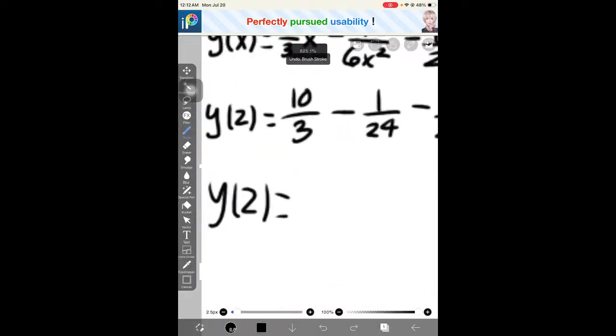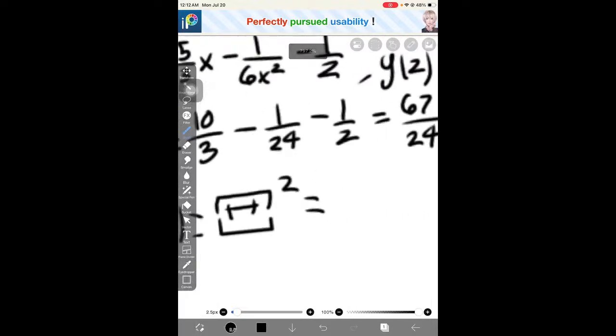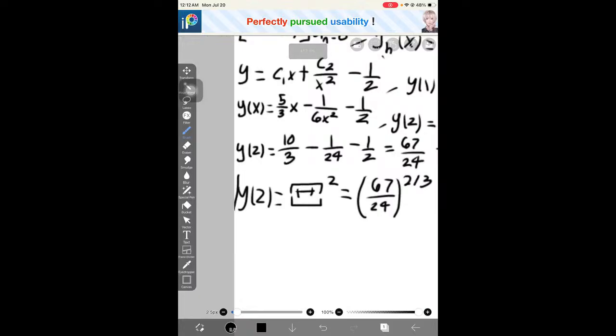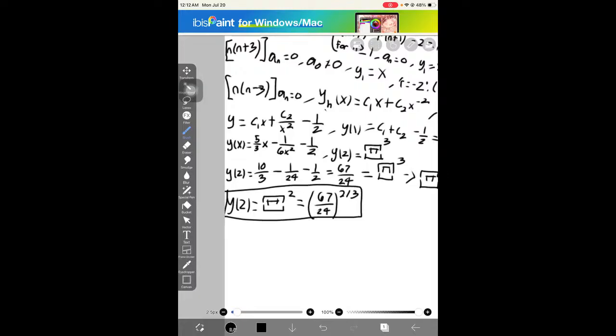And then I believe y of 2 is simply the constant squared, which is equal to 67 all over 24 raised to the power of 2/3. And that is our answer. And there we have it. We solved the final hard differential equation, and I am going insane.